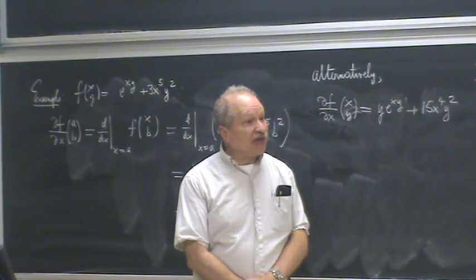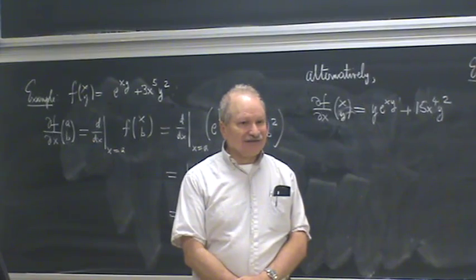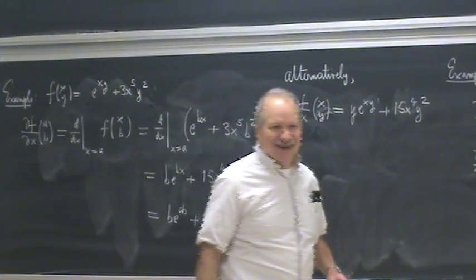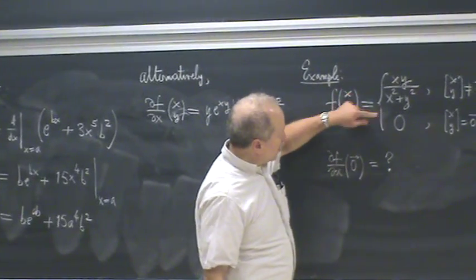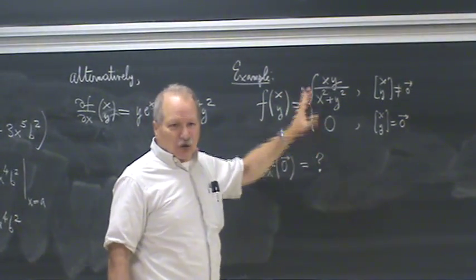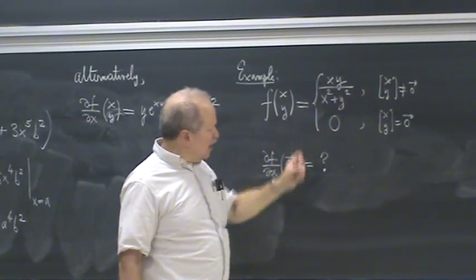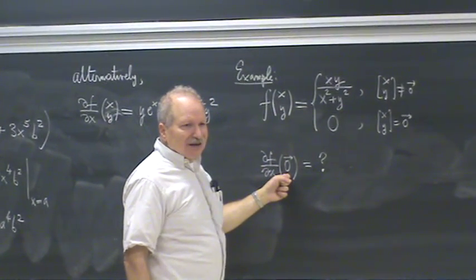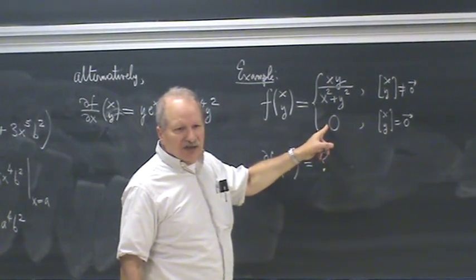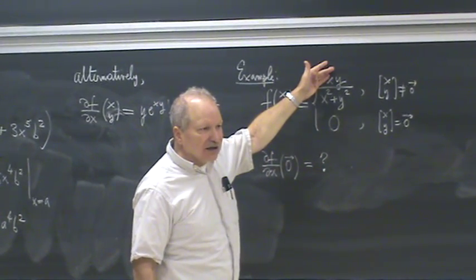What are you going to do once you've done that? You're going to plug in x and y equals 0, aren't you? Yeah. But you aren't admitting it. No. No. Why would we do that? So if I asked you what's the partial with respect to x at (3, 4), of course you should take this formula and take the derivatives by the quotient rule. But at the origin, you can't do that because at the origin you have to actually use the fact that there's a separate rule for what the function does at the origin and nearby.